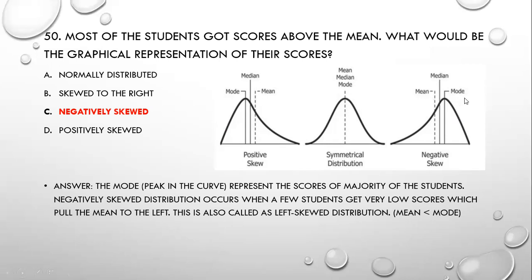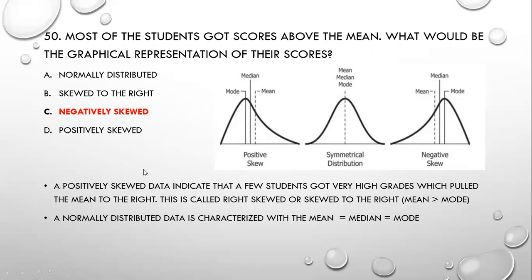The mode is usually represented by the peak of the data, where the scores of the majority of the students are located. A negatively skewed distribution occurs when a few students get very low scores, which pull the mean to the left. This is also called a left-skewed distribution. This means the mean is less than the mode.